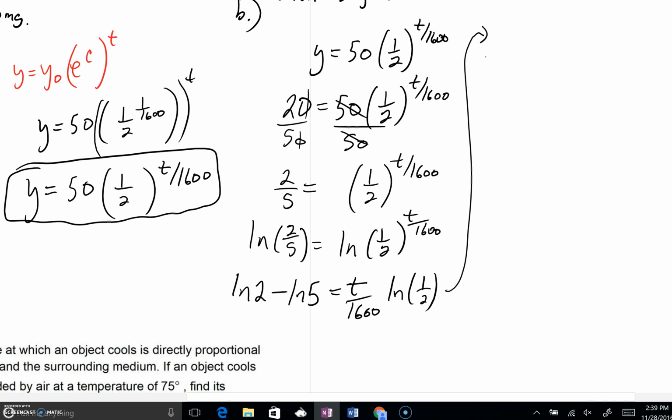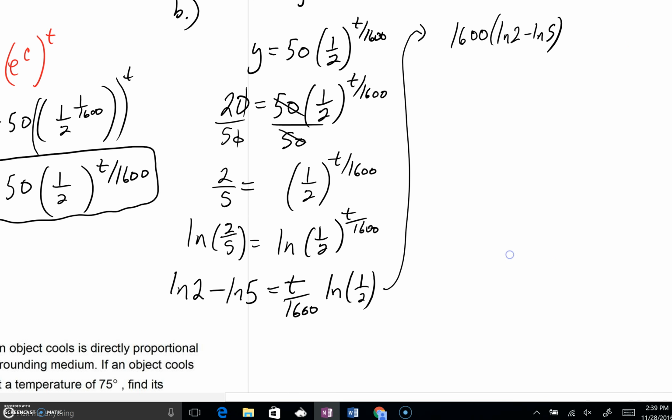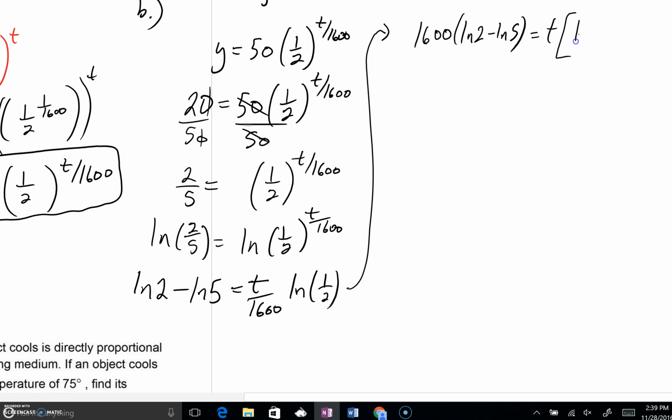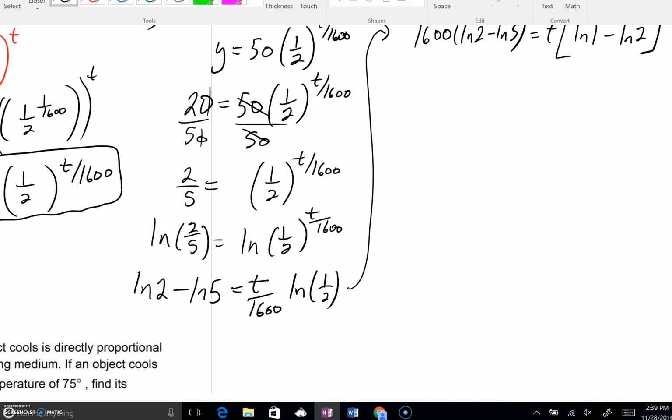And how about I multiply both sides by 1600, just to get us started a little bit here on the left. And on the right side, well, I could do the same thing that I did with that fraction. I could change that into the natural log of 1 minus the natural log of 2. And we're so close to just finding t all by itself.